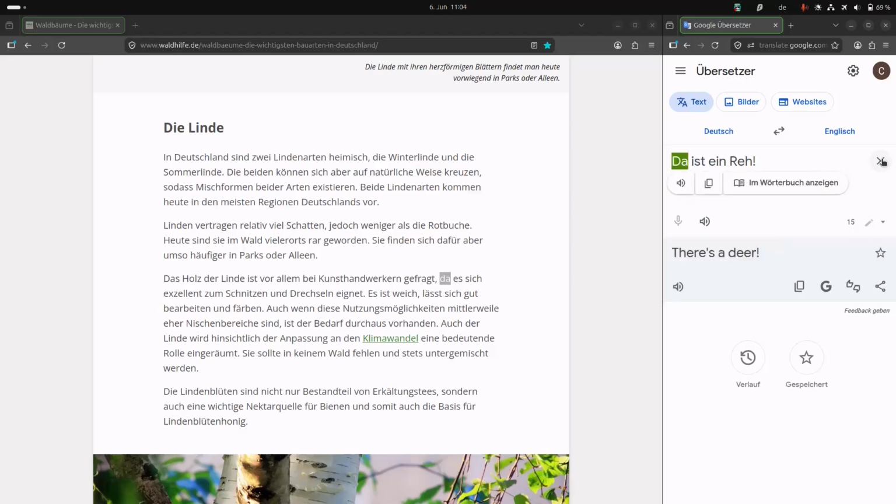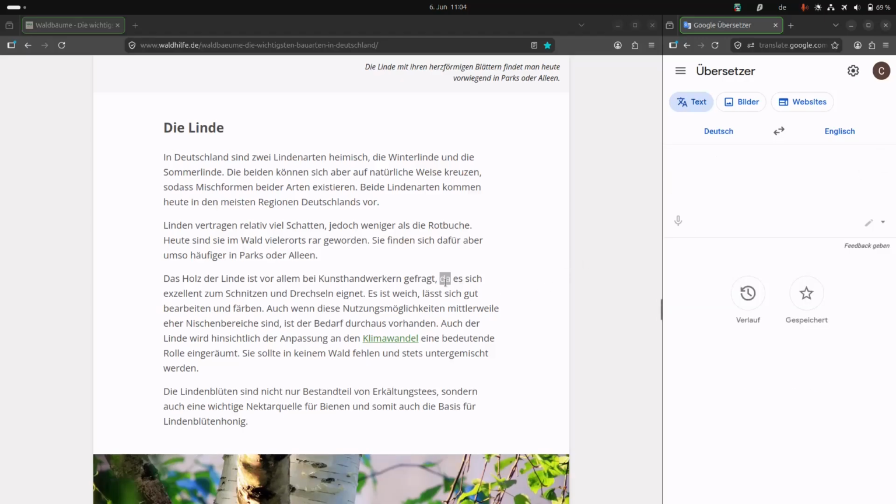Also you can see it in dafür, which I think is also in terms of the locative, kind of.